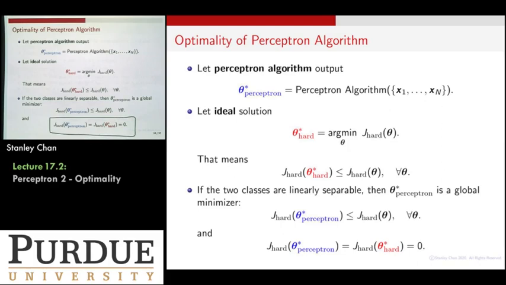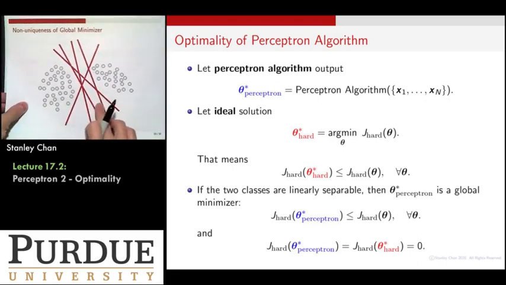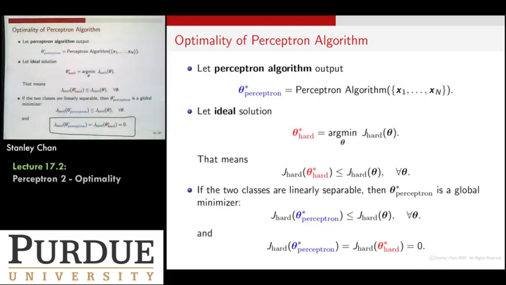I am not saying that these two are identical, because I'm just showing you that the solutions are non-unique. You can have multiple of them that give you the same loss value. What I'm claiming is that you put in the perceptron solution here, you put in the true solution there, they will give you the same global minimum value in terms of the loss function.